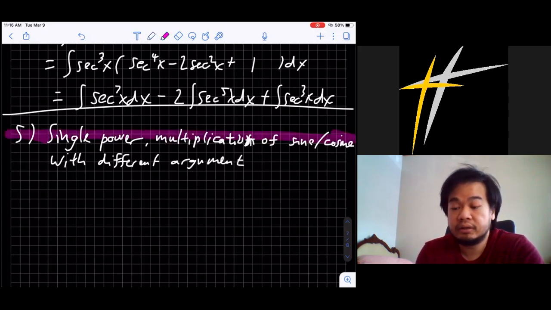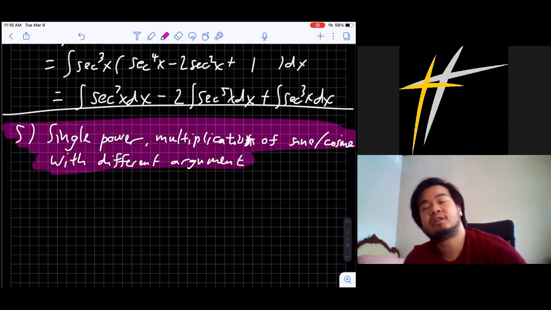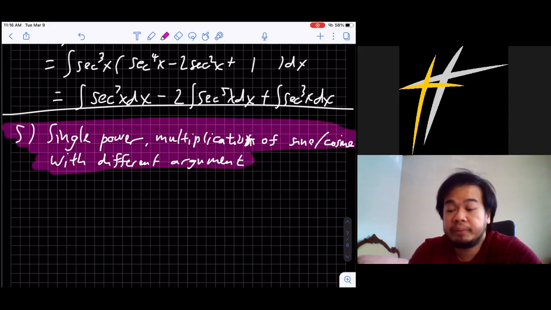Yeah, so it is an integral, a multiplication of single power sine or cosine, but the argument is different.